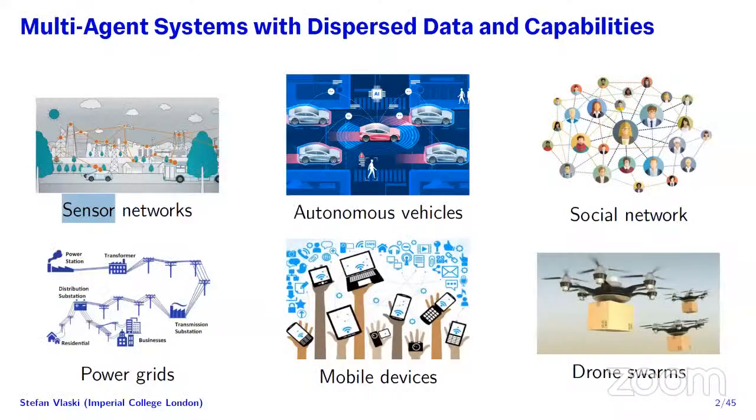Okay, so I think you have seen many slides of this kind at this workshop so far. What I will say, maybe to complement what others have said before, is that it's clear that we're having an increasing amount of networked data generated across various devices, ranging from sensor networks, autonomous vehicles, social networks, power grids, mobile devices, or swarms of drones.